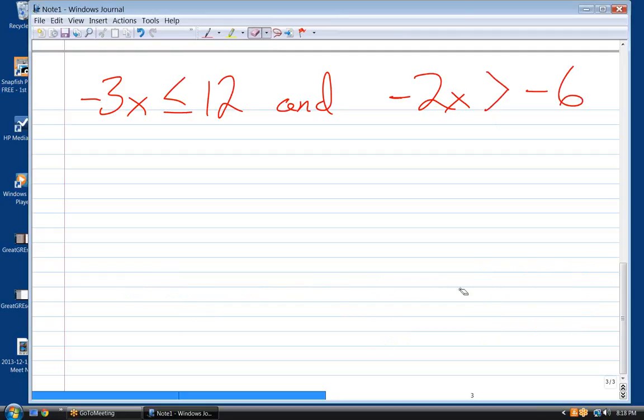Okay. So if we solve this one, what do we got? X is greater than or equal to 4, and x is less than 3. Okay, it's greater than or equal to negative 4. Don't forget that you have to divide 12 by negative 3. So you really have to do two things. You have to bring the negative in and turn it around.